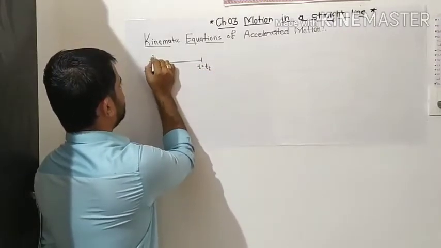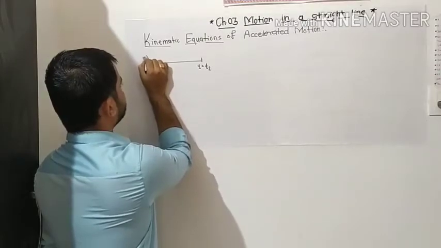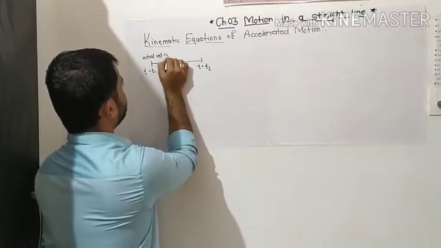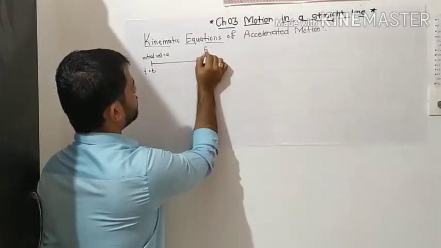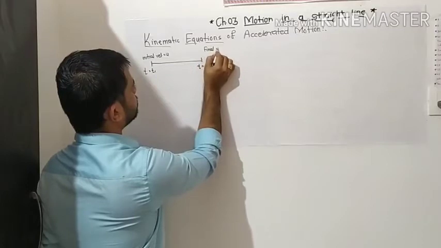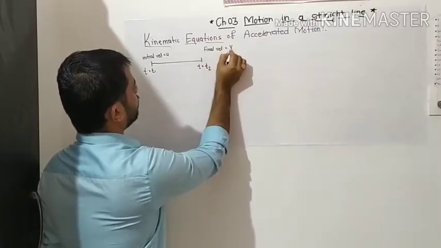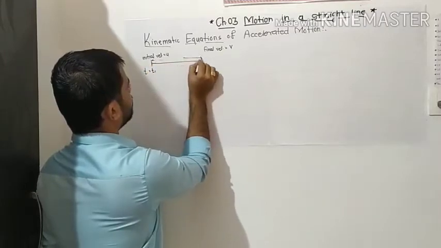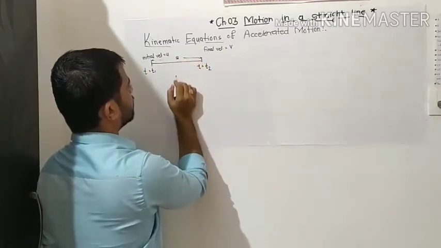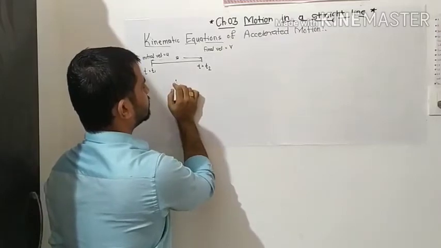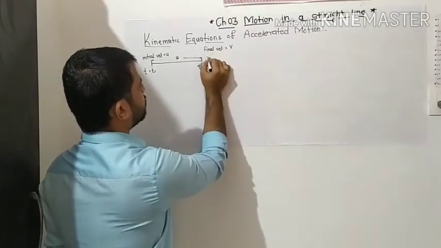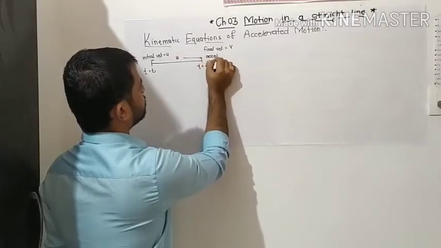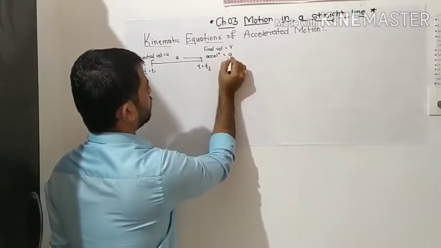Here the initial velocity is equal to u, the final velocity is equal to v, the total distance covered will be s, and let the acceleration of the body be a.